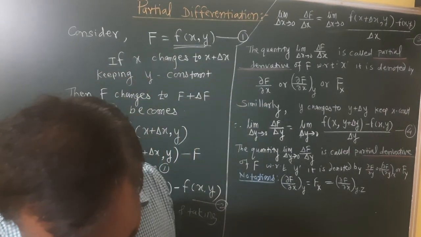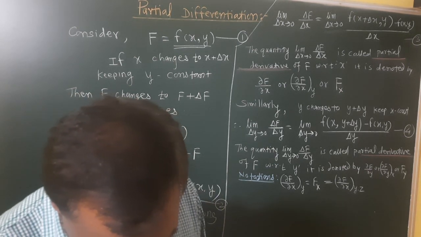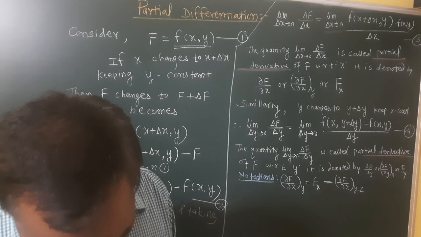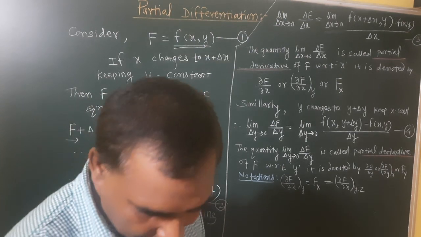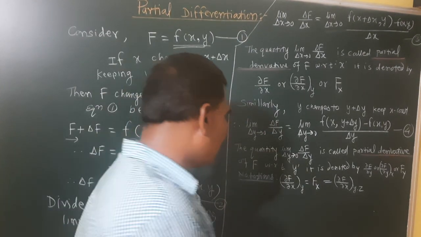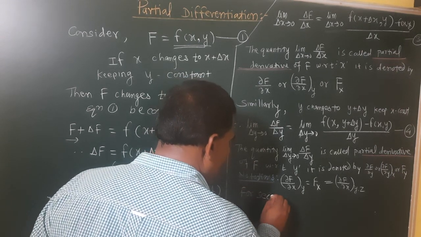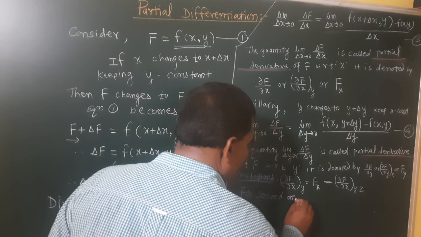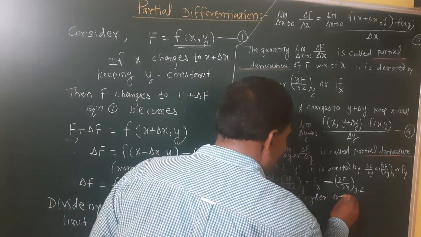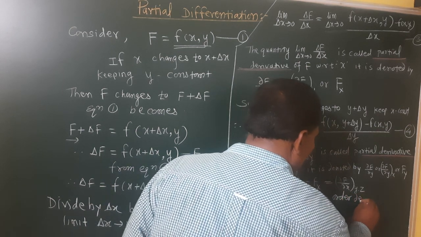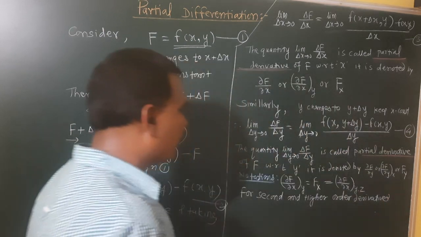After that, further partial derivatives are functions of independent variables, and hence they can be differentiated again to second and higher order derivatives. For second and higher order derivatives, what we have to consider?